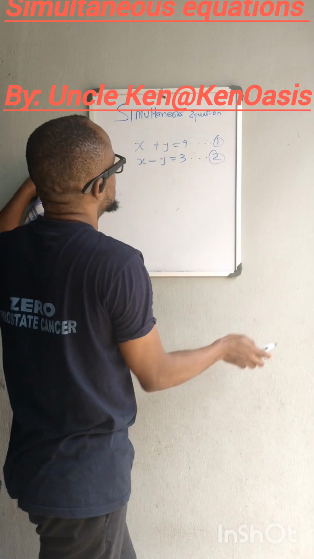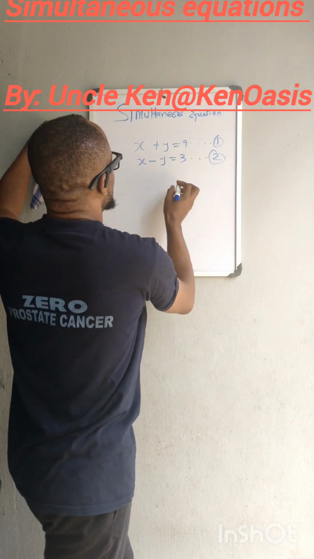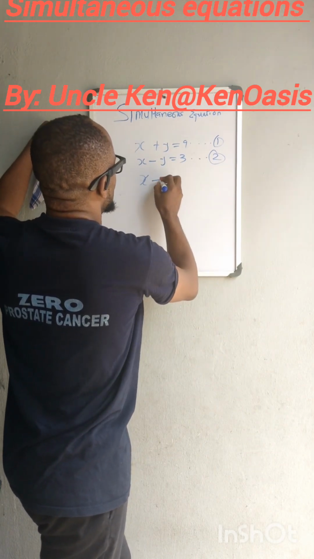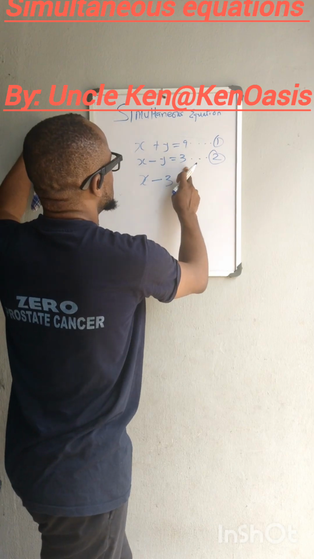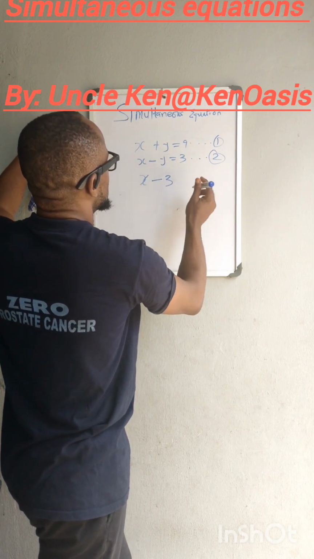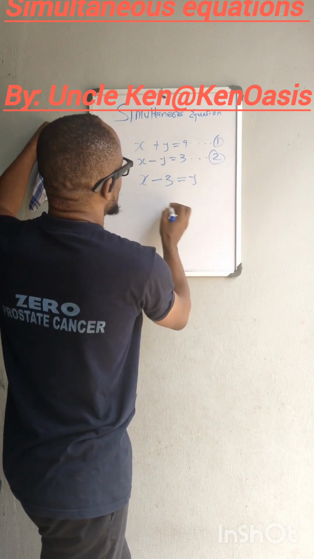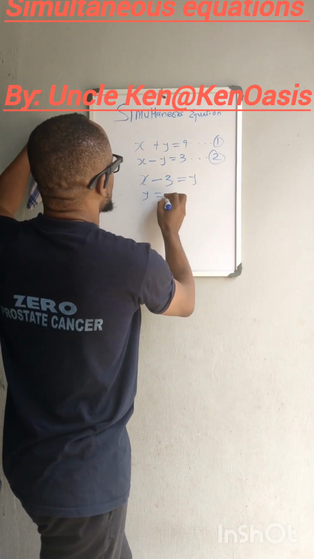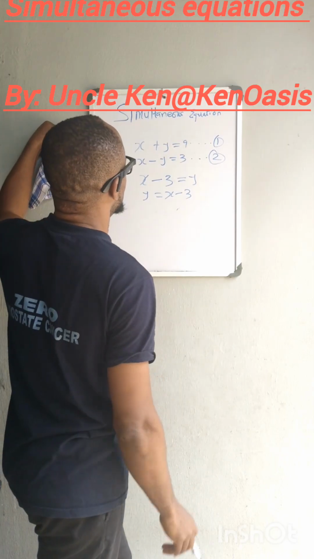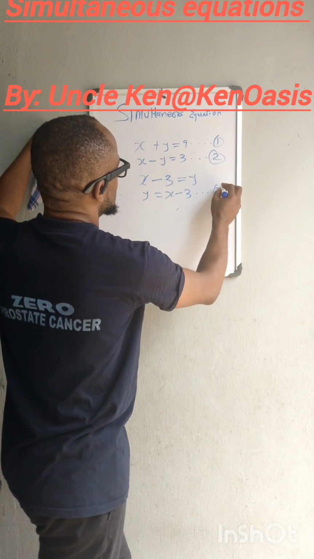So x minus 3, because this 3 is positive, when it crosses here, it will become negative. Then when y crosses this equal sign, it will become positive. So y is equal to x minus 3. This is now equation 3.